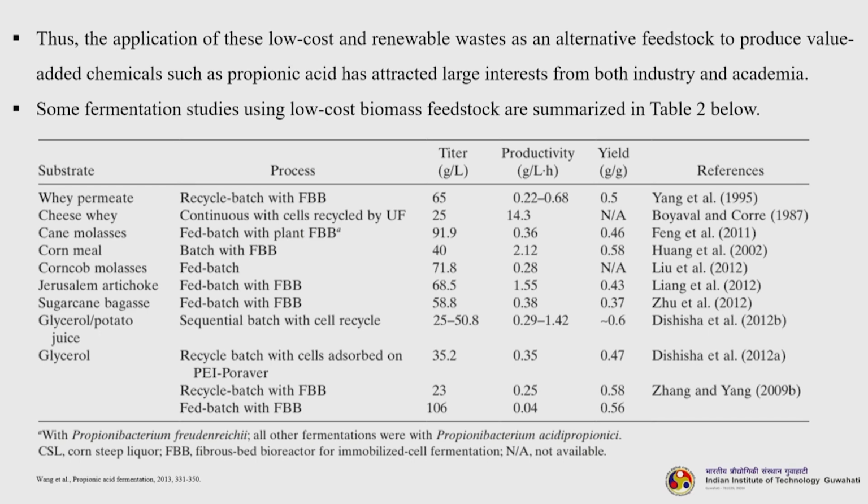Similarly, if you go to corn meal, this is a batch process again with a fluidized bed operation, okay, the titer is 40 grams per liter, however, the productivity is higher in this case, 2.12 grams per liter per hour, okay, and the yield is 0.58 gram per gram. Similarly, if you look at some other things, you can see Jerusalem artichoke, a lot of work has been done on this, sugarcane bagasse, glycerol, then glycerol and potato juice, and the respective productivities, okay, as well as the yield.